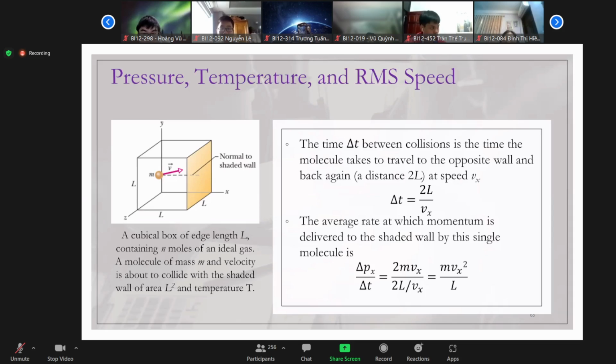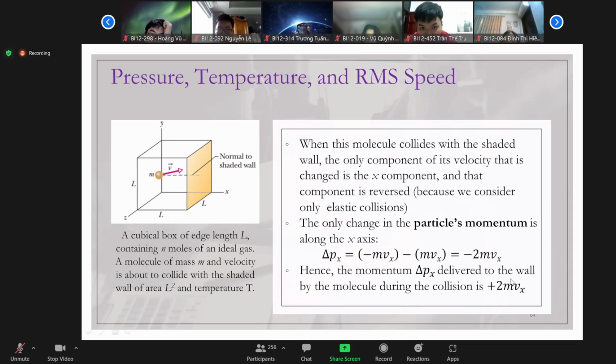For the total momentum delivered to the wall during the collision, it is this one. Because we consider the direction along the x-axis, it is bouncing here and then bouncing back, so it will have this change.